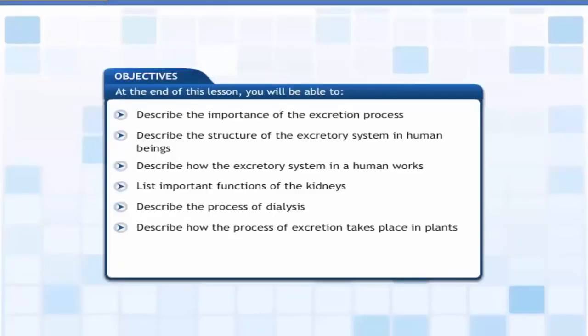This lesson is about the process of excretion in different types of organisms.